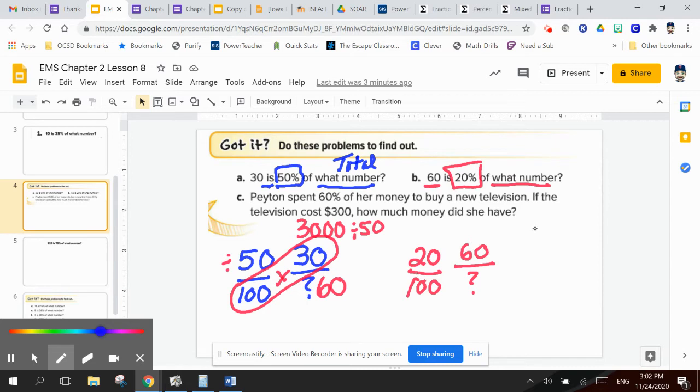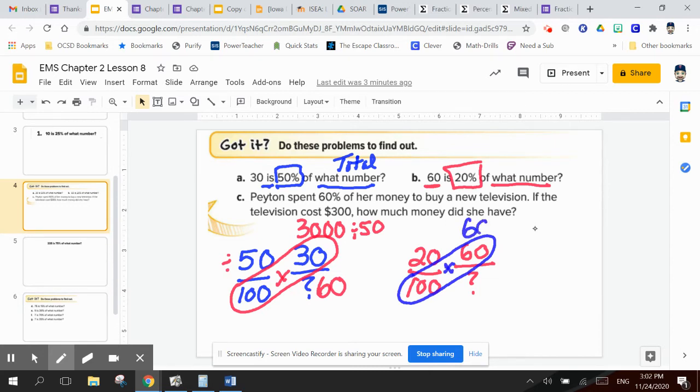I then cross multiply, opposite denominator times the opposite numerator. 100 times 60: 1 times 6 is 6, 3 zeros. So I then divide that by the only number I have left, which just happens to be 20. And when I divide 6,000 by 20, that is 300.